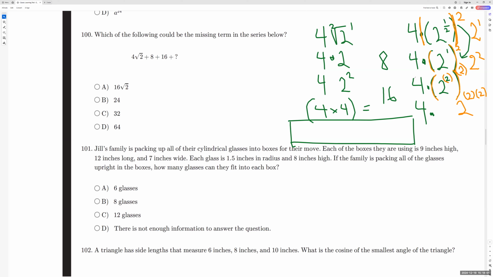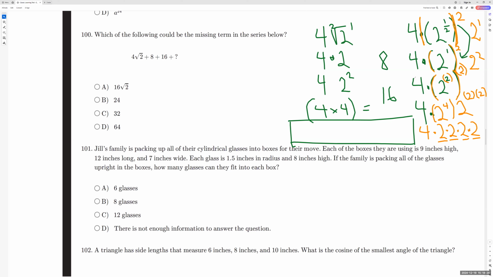So I have 4 times 2 to the 4, which ends up being 2 times 2 times 2 times 2, right? That's 2 to the 4. 1 factor, 2, 3, 4. The base 2 being multiplied 4 times.